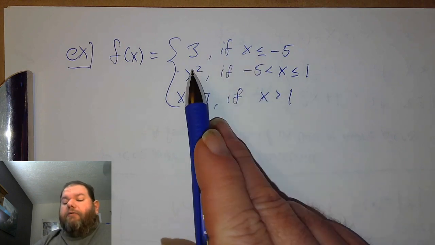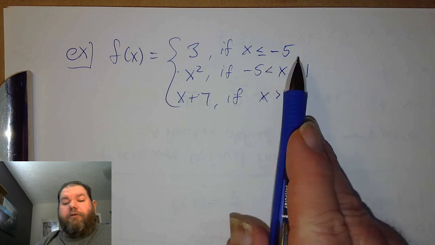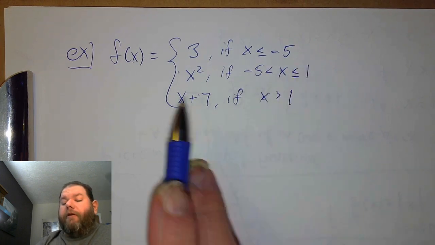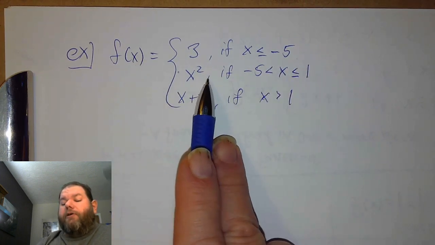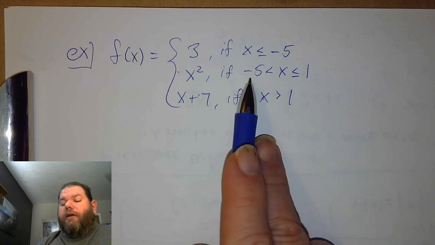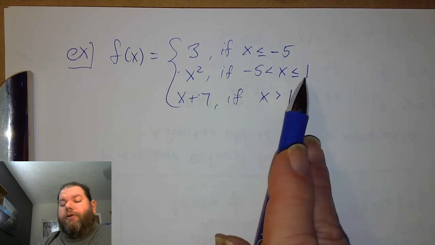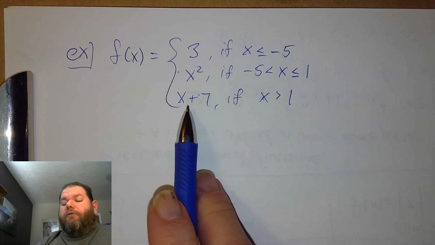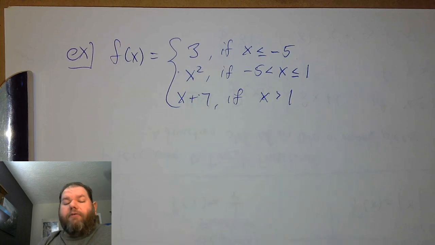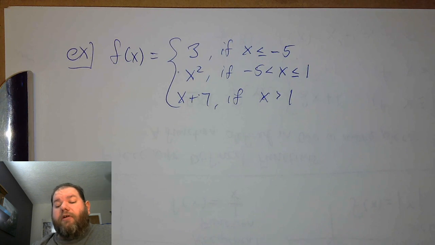F of x is equal to 3 if x is less than or equal to negative 5. F of x is equal to x squared if x is between negative 5 and 1, including the 1. And it's equal to x plus 7 if x is simply greater than 1. So we have to pay attention to where it says greater than or less than or equal to. Specifically where it's equal to, we want to make sure we get the right one there.